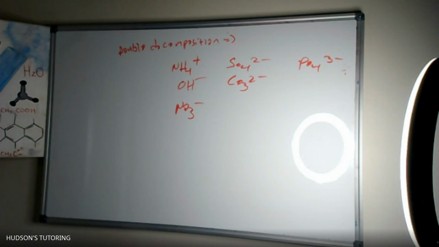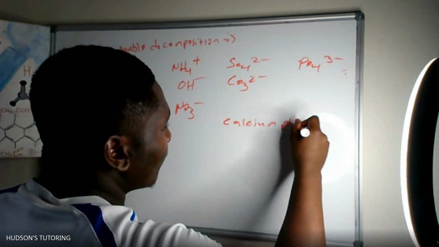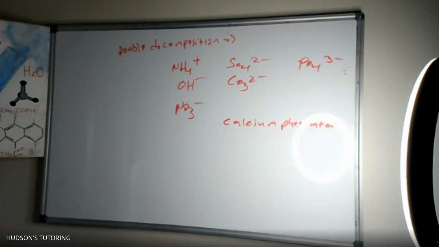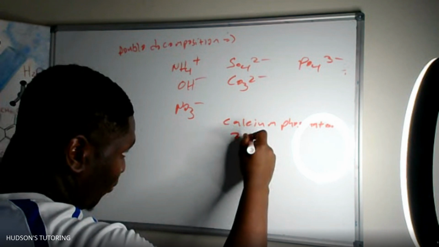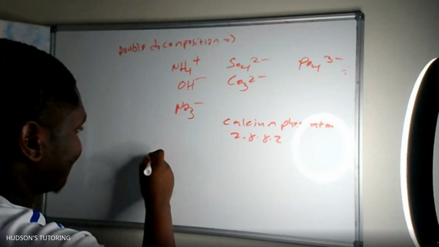Now let us try to write a formula for a compound. Calcium phosphate. By now, you guys should know the electron configuration for calcium, which is 2,8,8,2. Hence the charge on calcium is 2+.